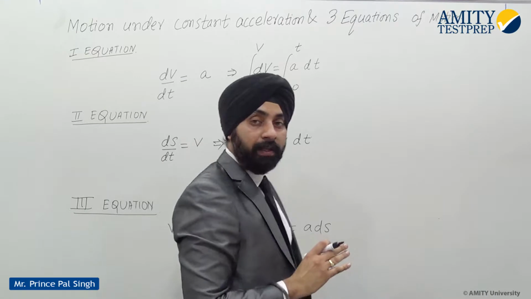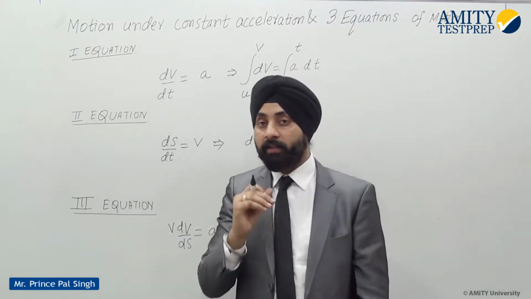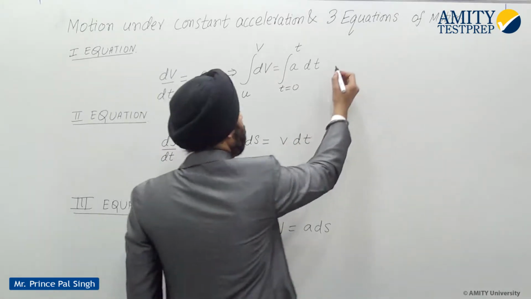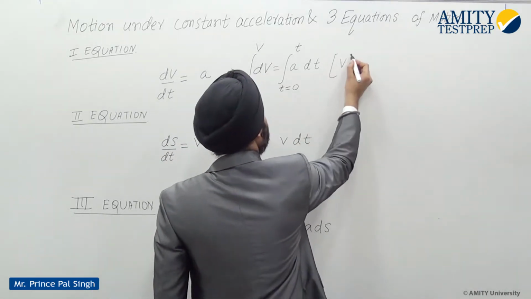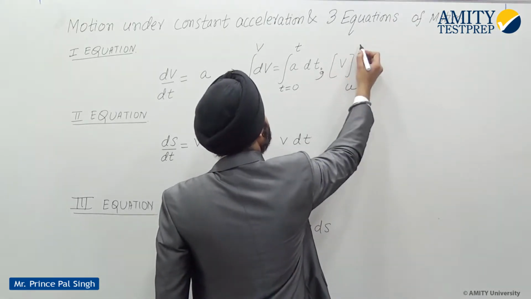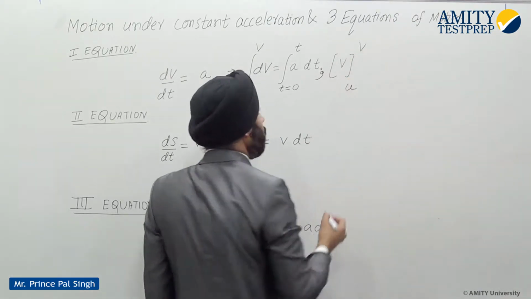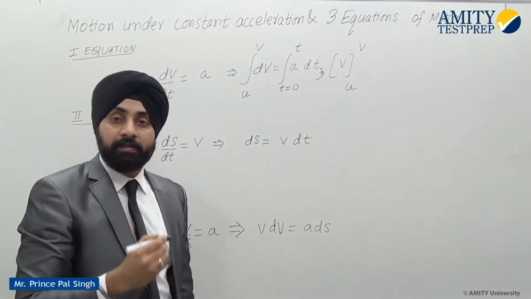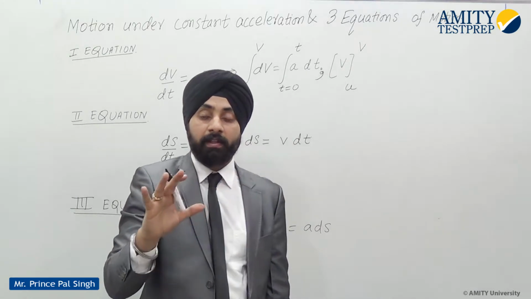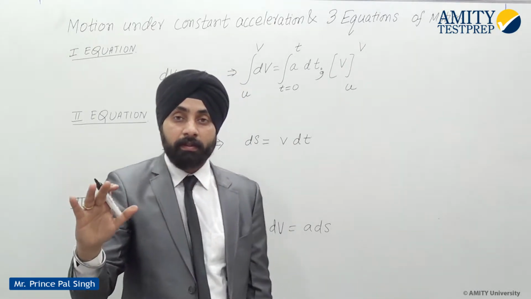On integrating on the left side, the integration of dv is v. We will put the limits like this. As we know that a is constant, a is not depending upon time, a is constant throughout the journey.